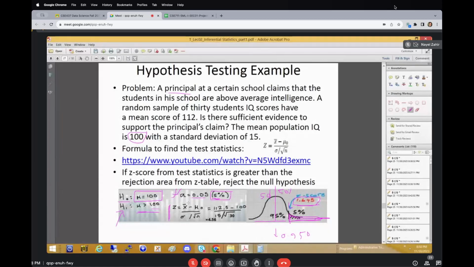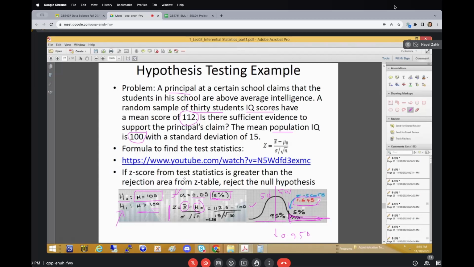At first, the sample mean from our 30 students test is 112. So here the X bar is our sample mean, 112. Then the population mean is given as 100.